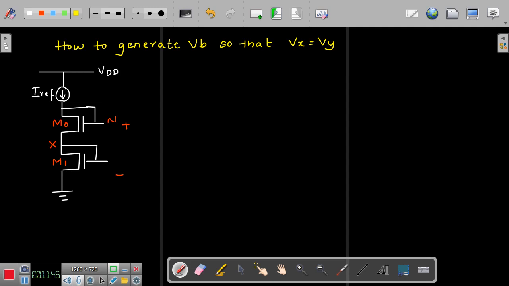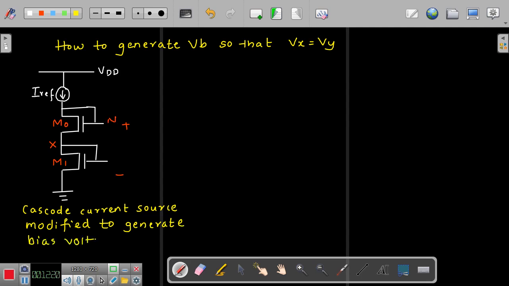I will go back to that frame, and this arrangement is referred to as the cascode current source modified to generate bias voltage, because we have to generate this voltage VB.